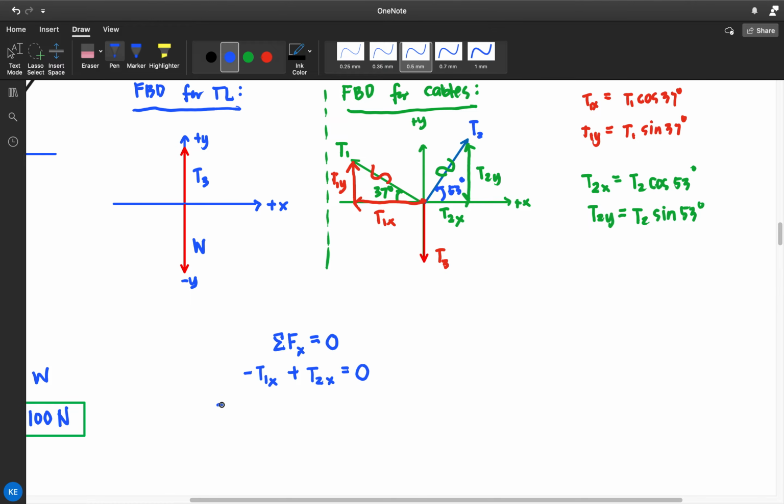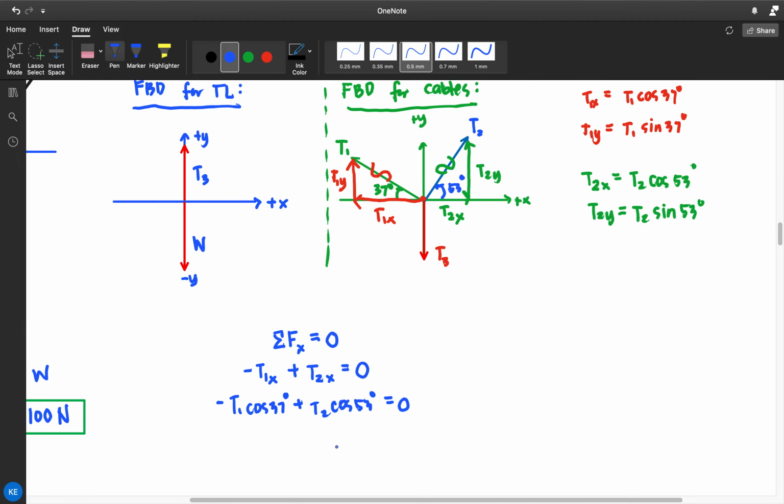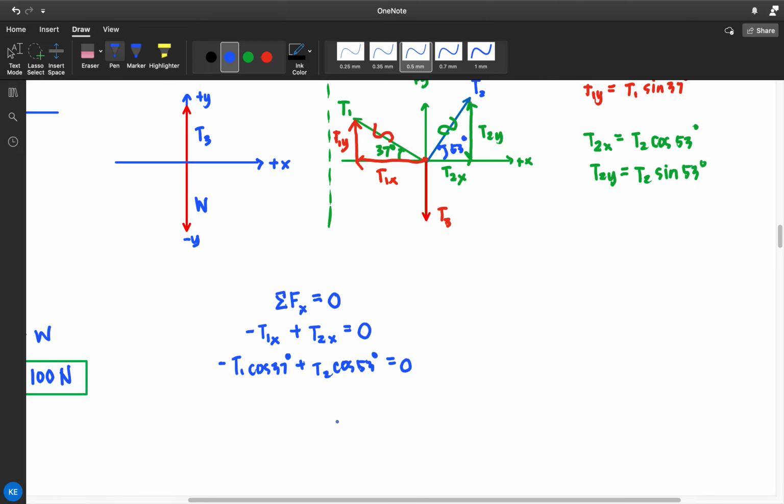So, you'll have negative T1 cosine 37 plus T2 cosine 53, and then equate that one to 0. Okay, so nakoy one equation, two unknowns. So it's impossible nga ma-solve nimo ang duha ka unknown kung isa lang imuhang equation.